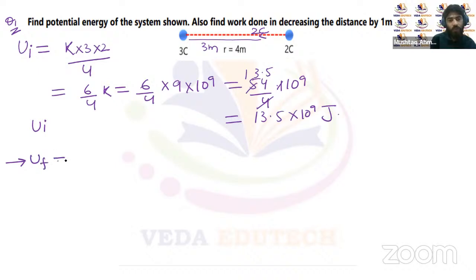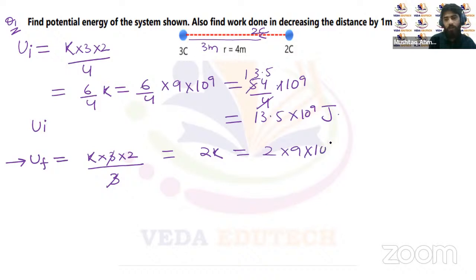The final potential energy will be K Q1 Q2 upon distance, that's 3 into 2 upon 3 meters. This 3 and this 3 will get cancelled, and we'll be left with 2K. That's 2 into 9 into 10 to the power 9, or 18 into 10 to the power 9 joules.